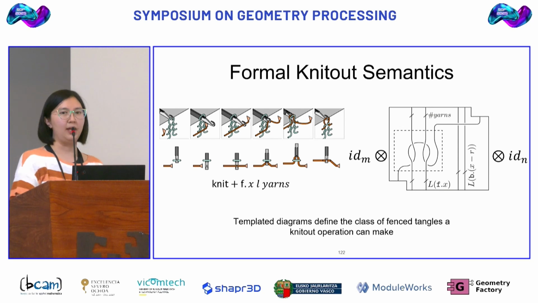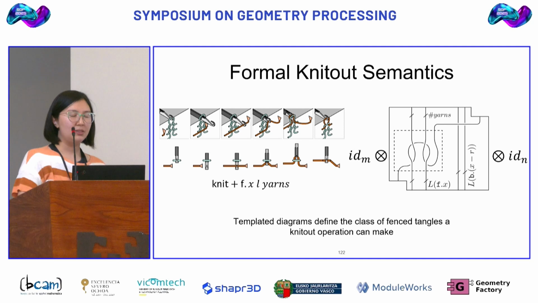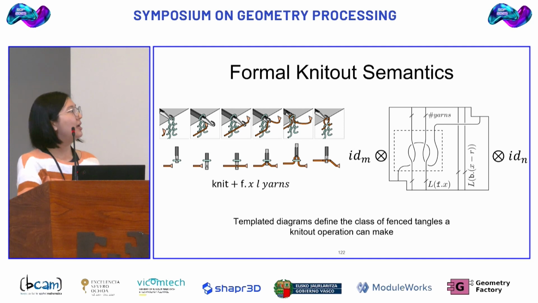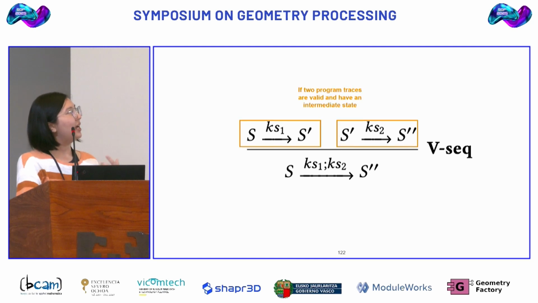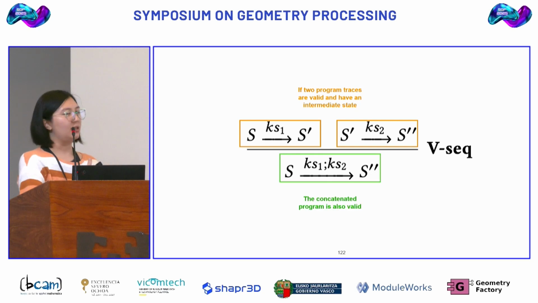And so we can define these denotation functions for all of the operations that appear in this language, as well as this additional validity relation that just says that if we have 2 program traces that are valid and share an intermediate state, then we know that the concatenated program is also valid.